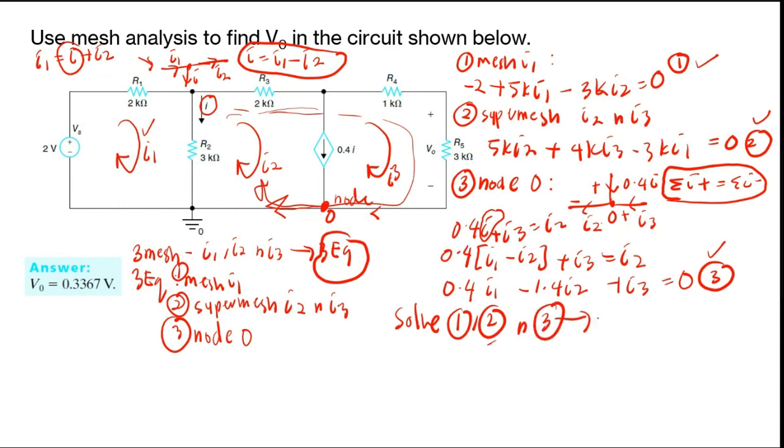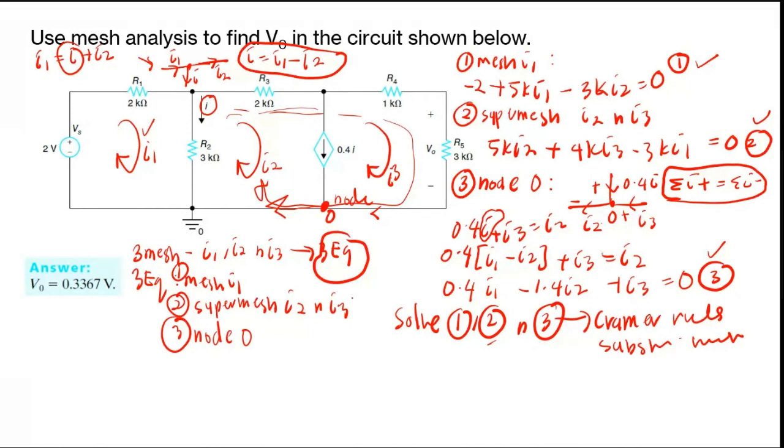You might use Cramer's rule. Or if you think that Cramer's rule is a bit complicated because you need to find the determinant and so on, you can use the substitution method even though you have three equations.